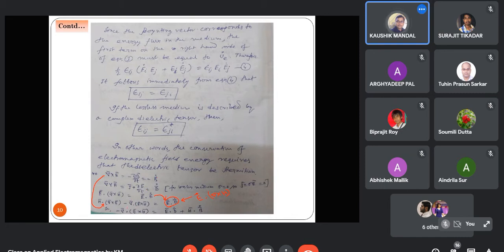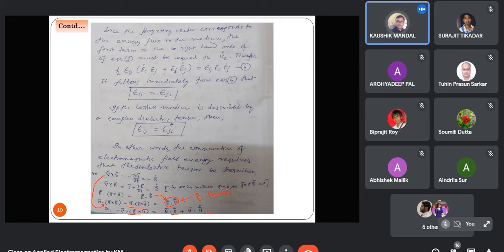So it becomes minus of divergence of E cross H equal to this one, E dot D dot. This term comes to the right side, and there is already a minus sign here, so it becomes plus, so it will be H dot B dot.